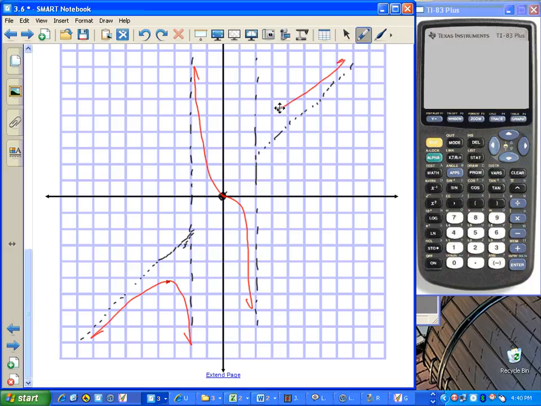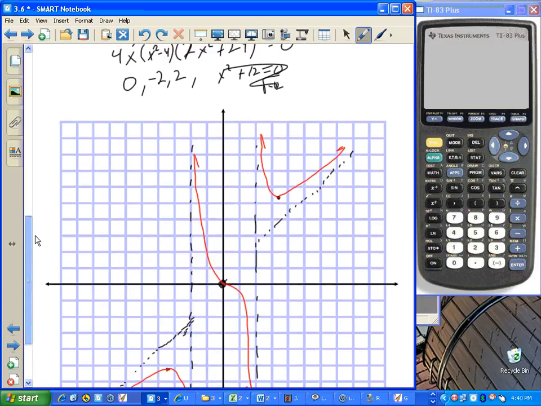Here, this one's going to approach my slant. And this. Okay. Another thing that lets me know that it's doing this is I know it's a min or max because it's a critical point. And if I tried to draw it, approaching this asymptote this way, and knowing that it needs to approach this, it would kind of be doing this weird thing, which isn't very likely, but I really should use my first derivative test to check it out.